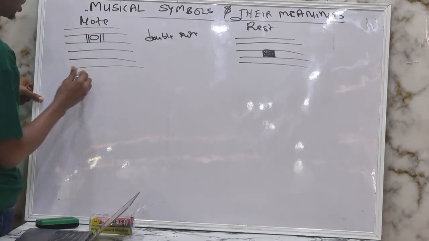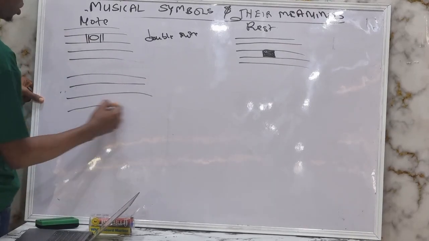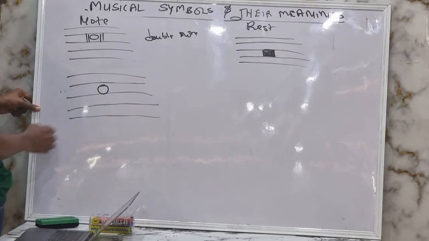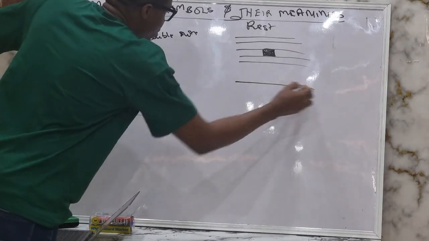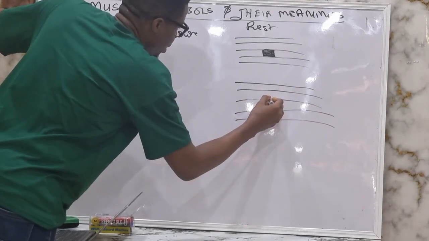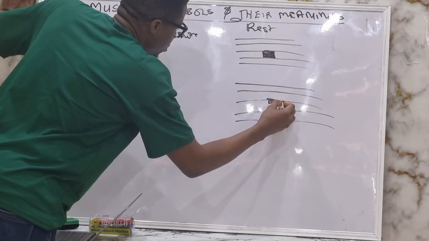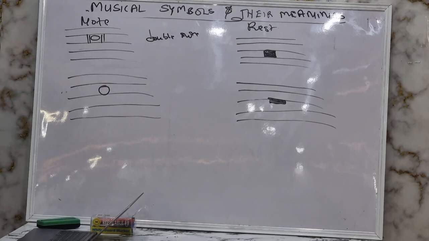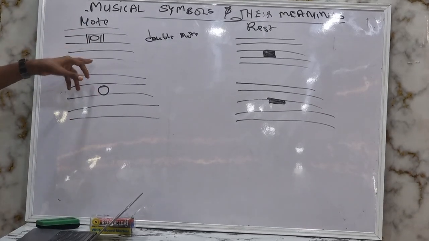Then the next one, let me just draw that one. The next one we have is our normal one, the semibreve. The rest of the semibreve is usually indicated with a very tiny mark, no longer as big as that of the breve.